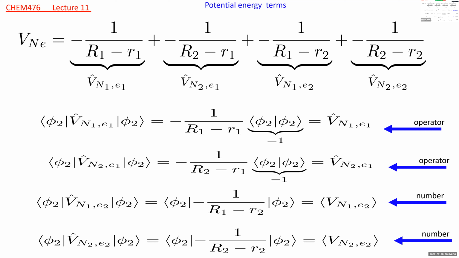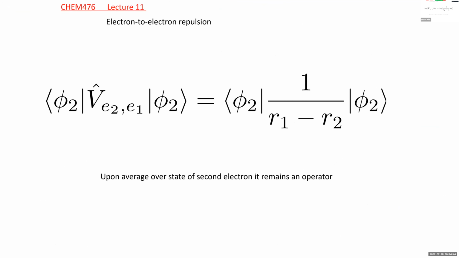Those become numbers. Why am I doing this long exercise, which I believe is not possible to follow? Later on, I will subtract all the numbers and come to a nice closed-shell equation. Okay, and the last term, electron-electron interaction, which is the main bad guy in this equation.